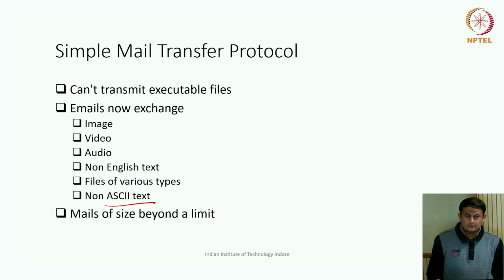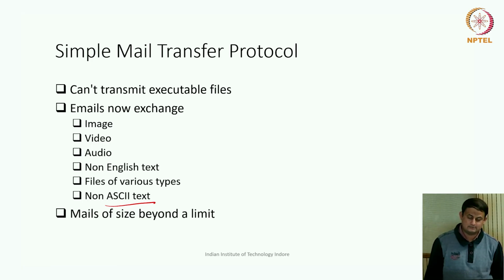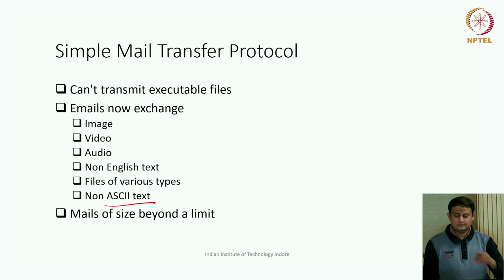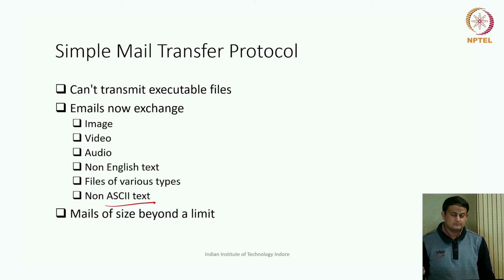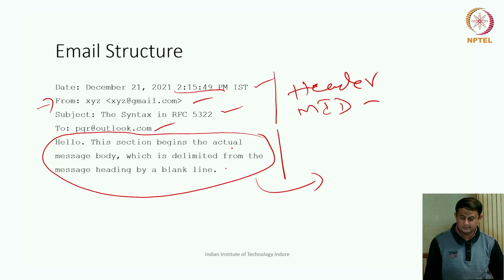But now we attach different kinds of files: images, videos, sometimes emails written in non-English languages, PDF files, even HTML as part of the body. These different data types were not supported by SMTP, which is limited to ASCII characters. Simple English text is all you can write.